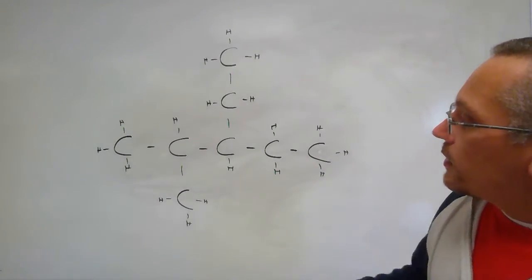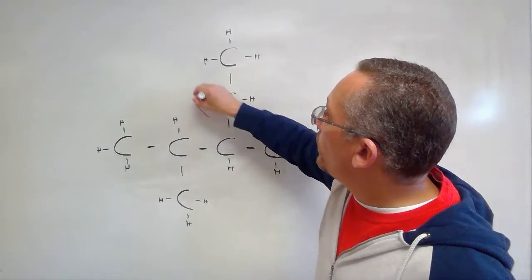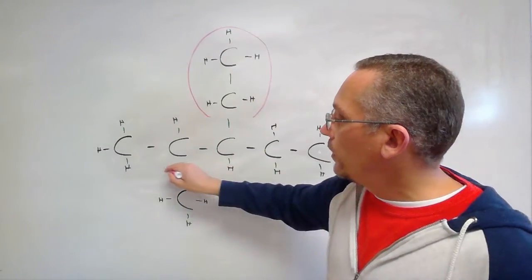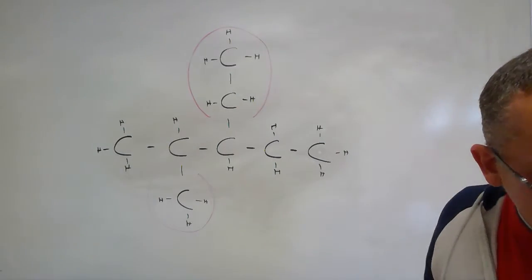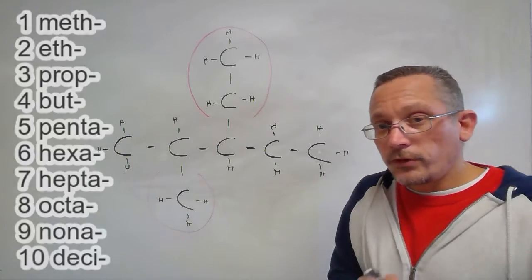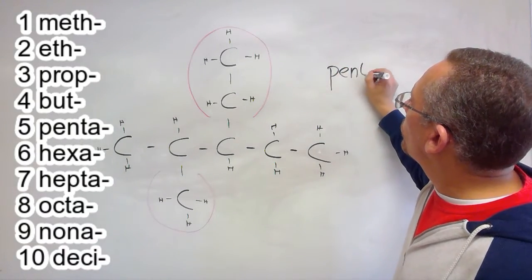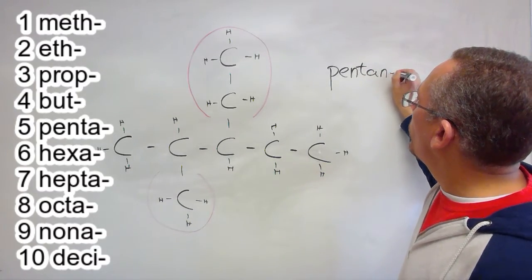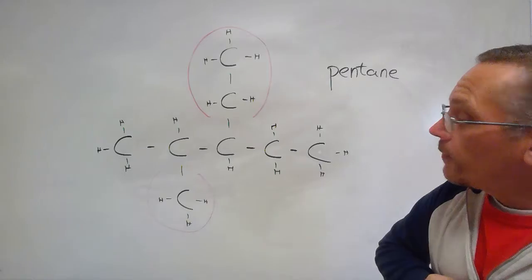So let us consider this to be our main chain, and then here's a branch, and here's a branch. So my main chain of carbon atoms is 5 long, and there are no double or triple bonds. So that is pentane.